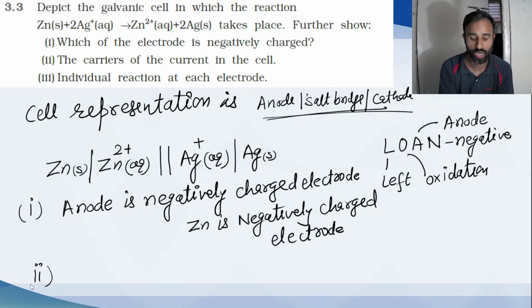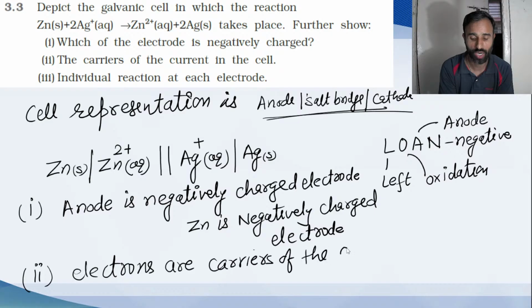Now the second part, the carriers of the current in the cell. So the carriers of the current in the cell are electrons. Electrons are the carriers of the current, and electrons flow from zinc to silver, and current in the opposite direction.